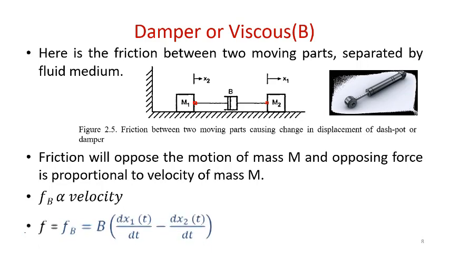F is equal to Fb is equal to b into the net change in velocity, that is dx1 divided by dt minus dx2 by dt. This is for the damper between two displacement elements, x1 and x2, between two moving parts.